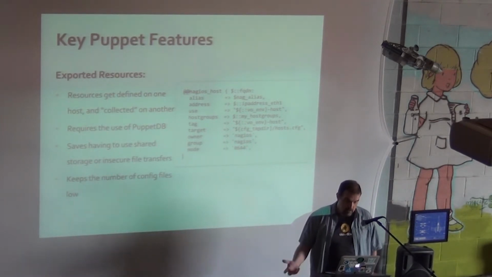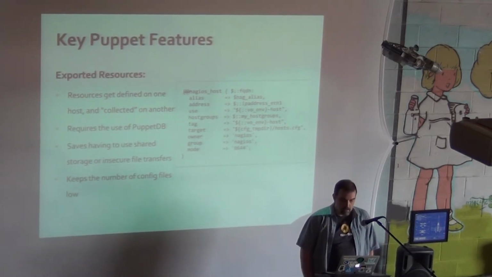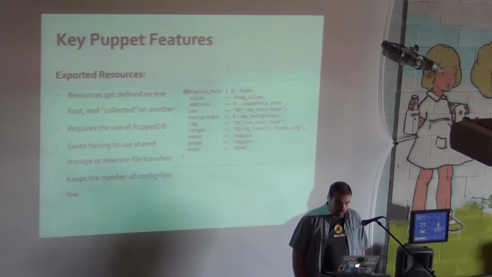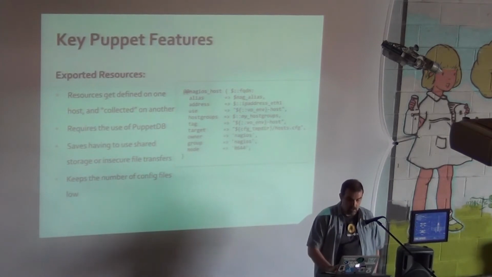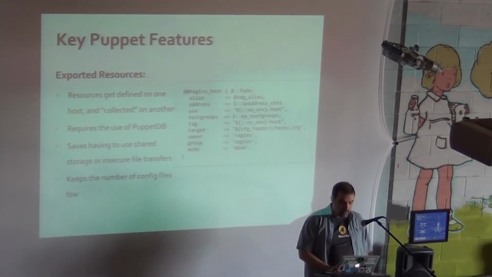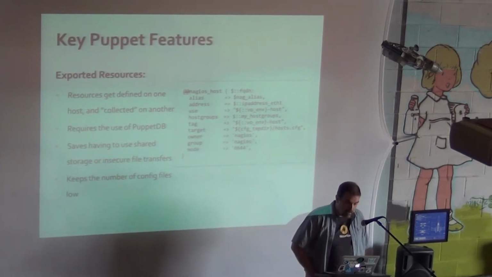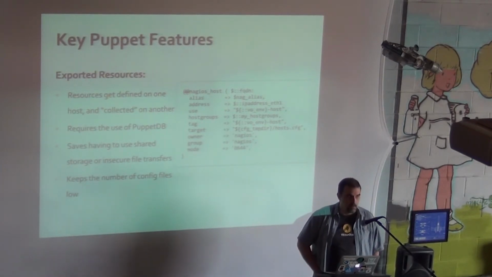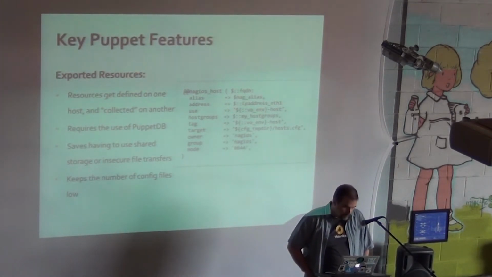The next time the Nagios server does a Puppet run, it's going to query the Puppet DB and find out if there are any exported Nagios resources for it to implement, and then do the actual creating of the configuration files. And that part's called collection. Now, this is an extremely powerful feature that has a lot of applications. In the demo, you'll see an example of HA proxy management using exported resources as well, using a Puppet Labs module. So that's a pretty cool way of using it as well.